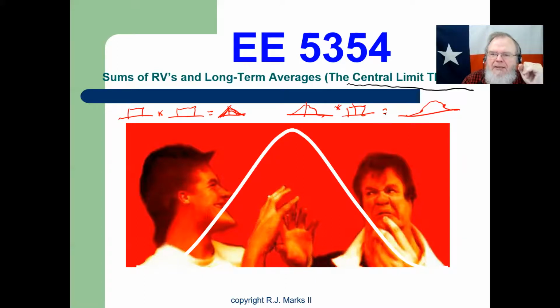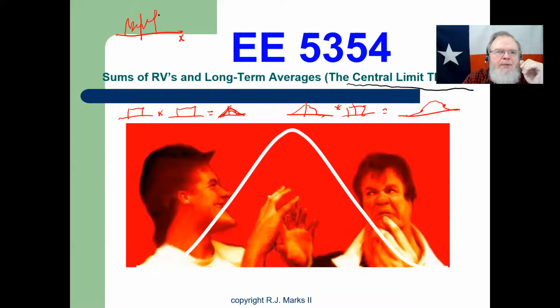The idea behind the central limit theorem is if you add up a number of random variables, and they don't have to be IID, they can be anything you want, you will eventually get a Gaussian random variable. In fact, it's really crazy. Suppose that you have just this crazy random variable that looks like this. This is the density function, okay?